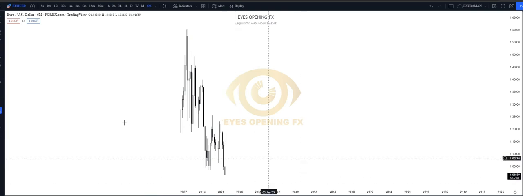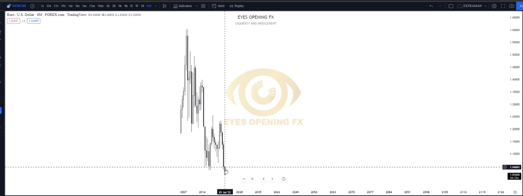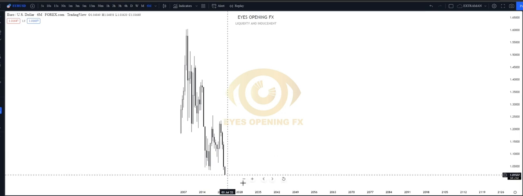So that means Euro against USD is at 1.0162. That is the value of the two currencies together.